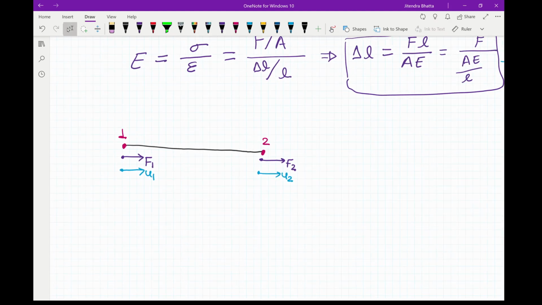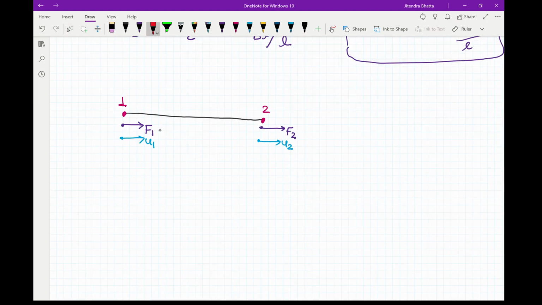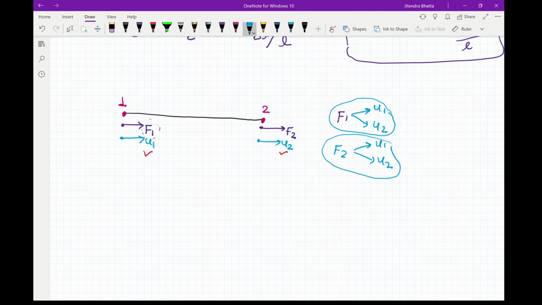Now the question here is to link force F1 to U1 and U2 and to link force F2 with U1 and U2 as well, because force F1 will have its impact on U1 and U2, and force F2 will also have an impact on U1 and U2. Therefore, we have to find a relation that links these.